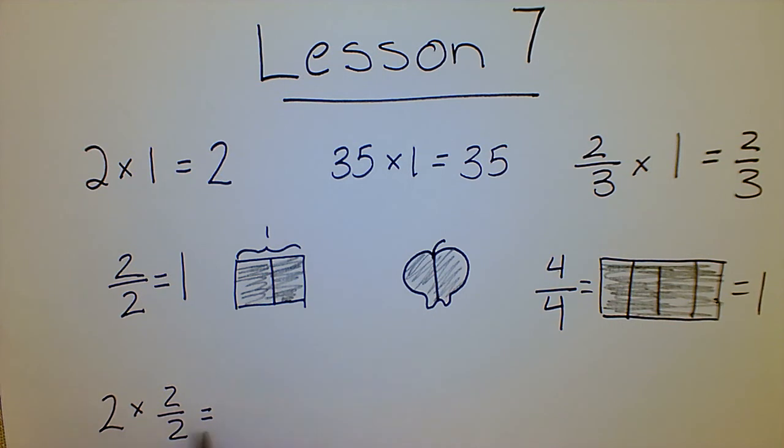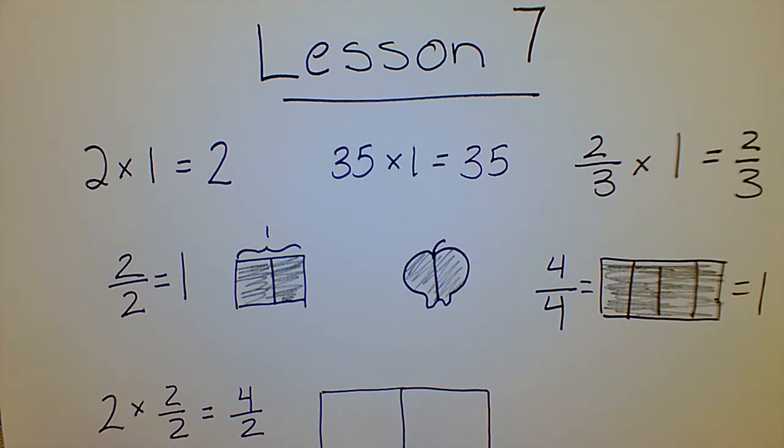Now, admittedly, that 2 times 2 over 2 is going to become 4 over 2, so I have a fraction greater than 1, but it is not actually changing the value, because if I take a look at this, remember my original fraction, so now let's say that I have 2 wholes, so this represents 1, and this is another one, but they've been each cut in half, and I have all of them.